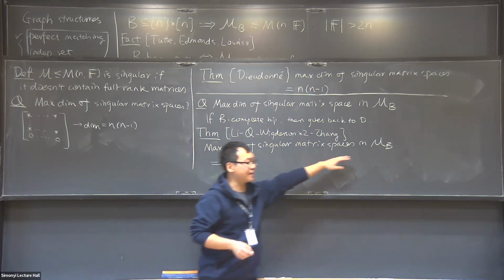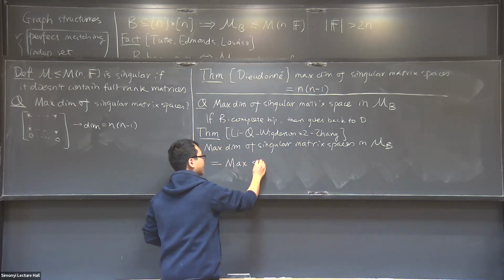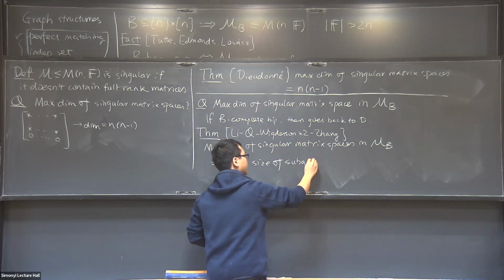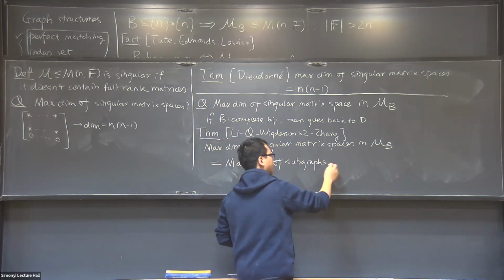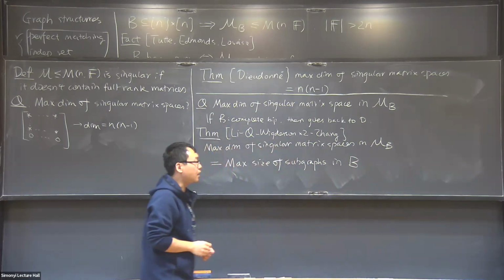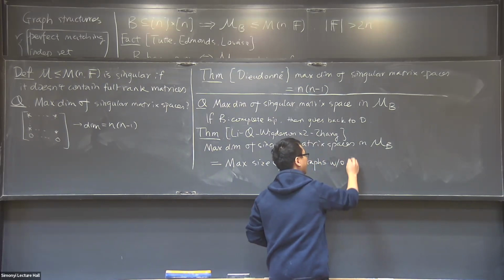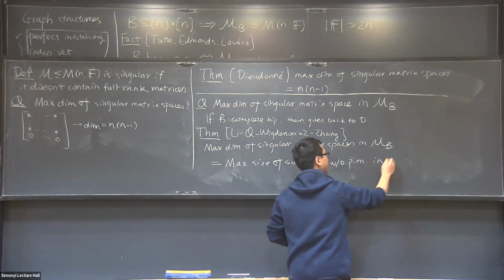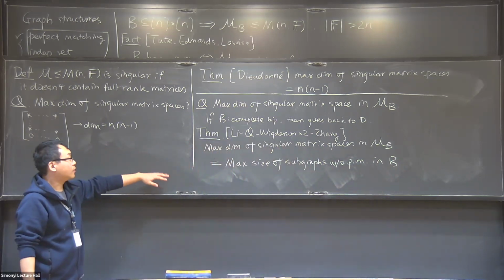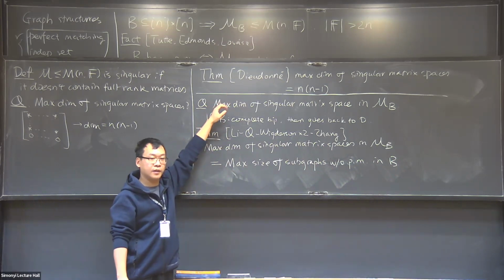This is equal to the max size of subgraphs contained in B, sorry, the max size of subgraphs without perfect matching in B. So when B is a complete bipartite graph, it covers the Dominance result.